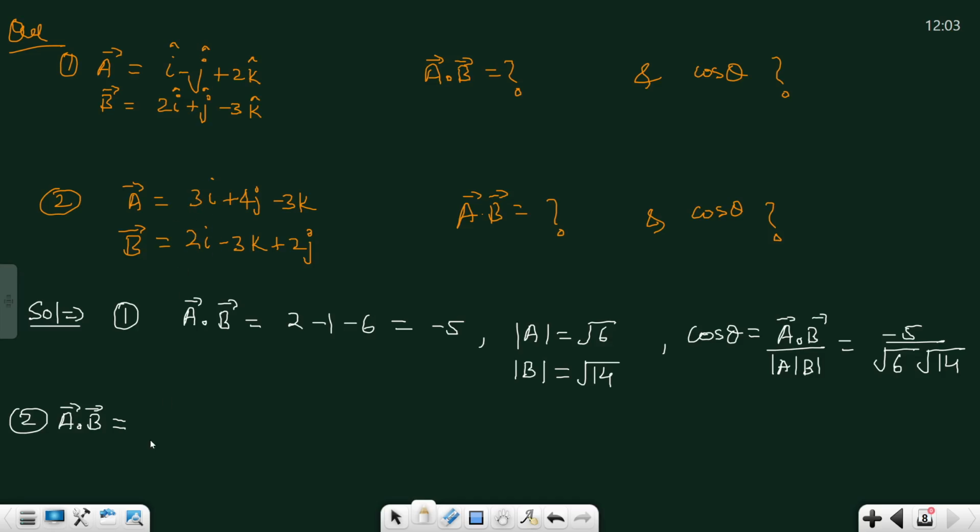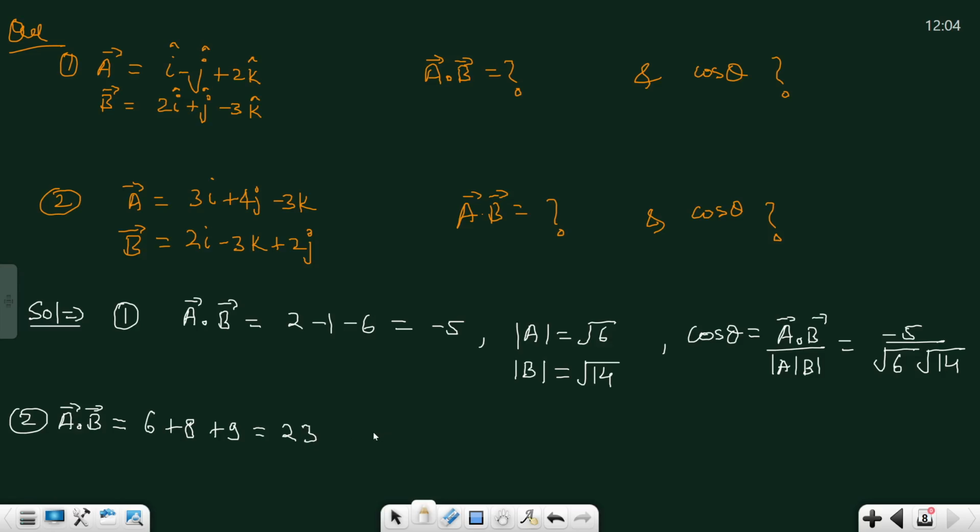I dot I, it will be 6. J with J, so 4 into 2, that is 8. K with K, minus 3 into minus 3, that is 9. So the answer is 23.